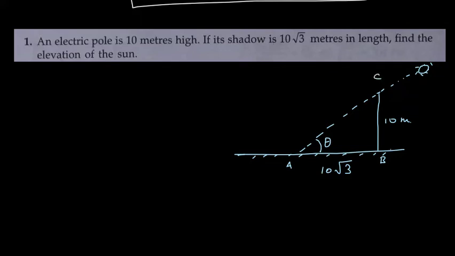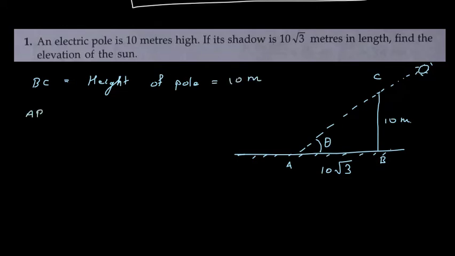So here you can say that BC is height of pole, which is given 10 meter.